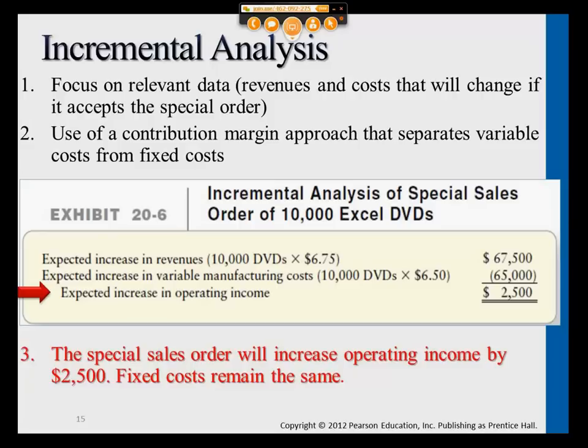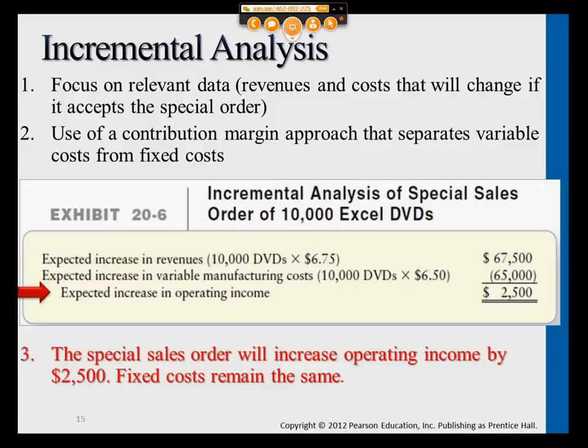Probably won't, right? Because we have the capacity to produce those 10,000 DVDs. So in this case, it would not change. Think of it this way, we won't need to add any additional facility.